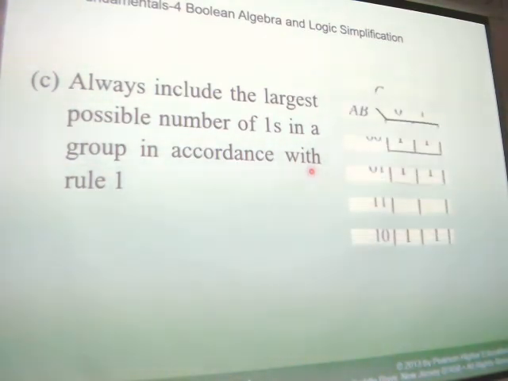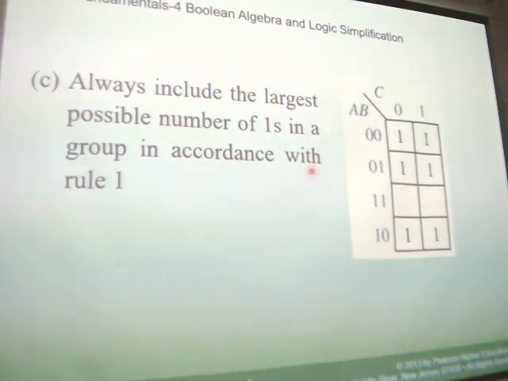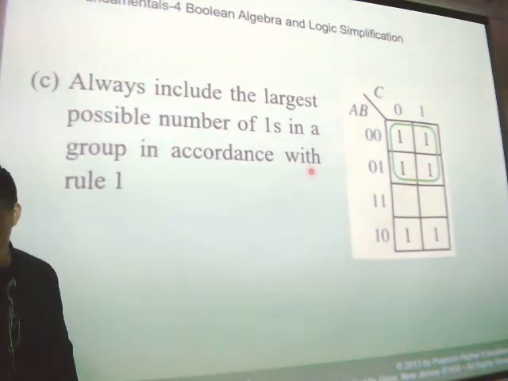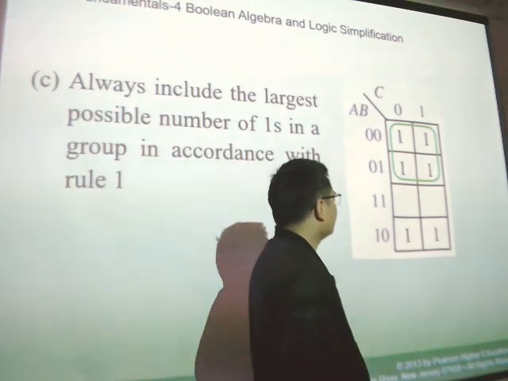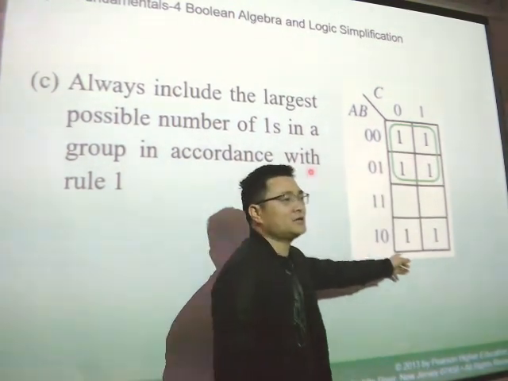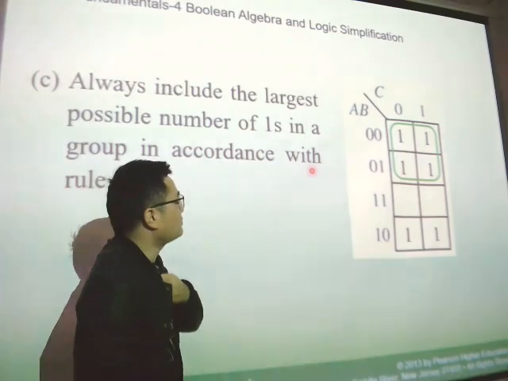So first, for this Karnaugh map, we know that the 4 ones are in the same group, right? And these 2 ones are in the same group, right?